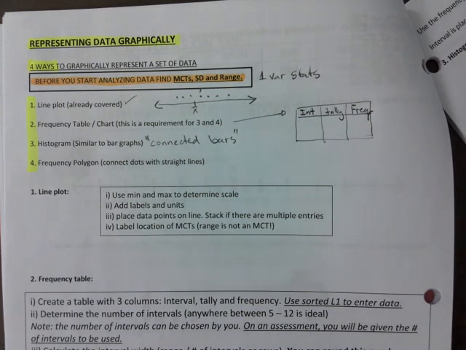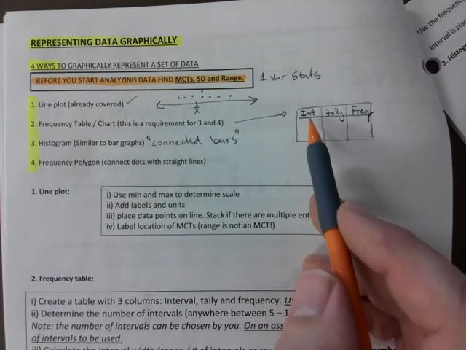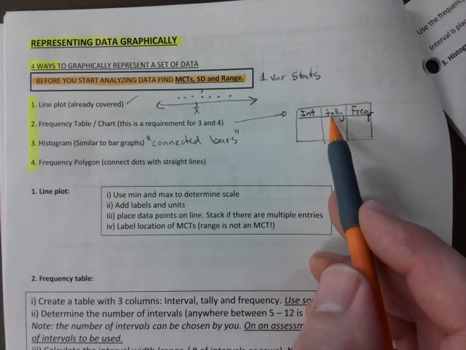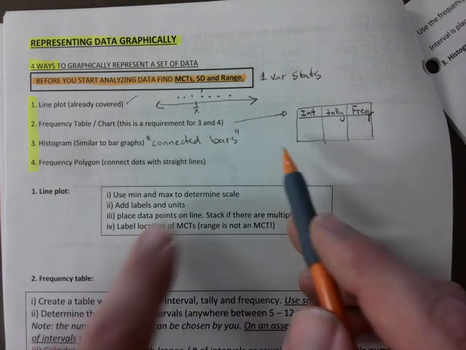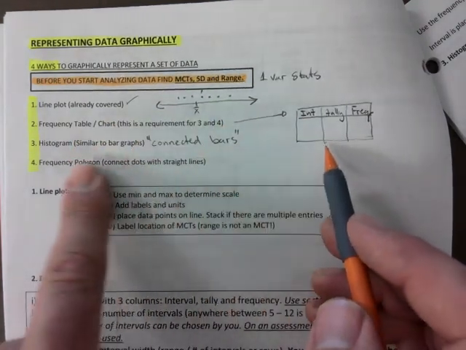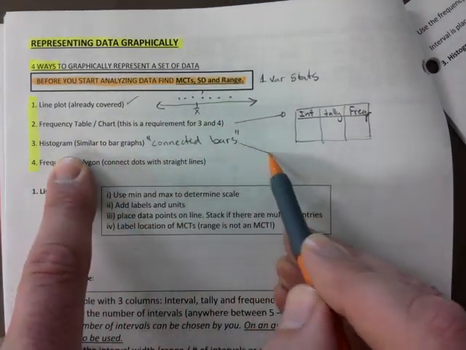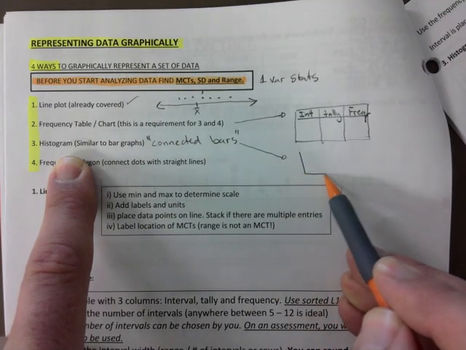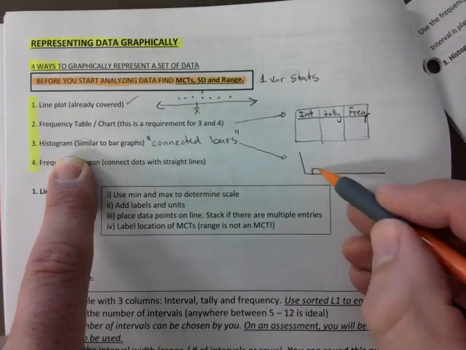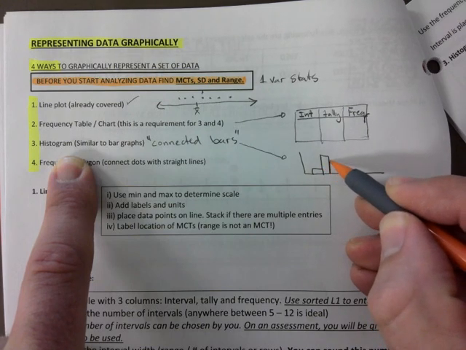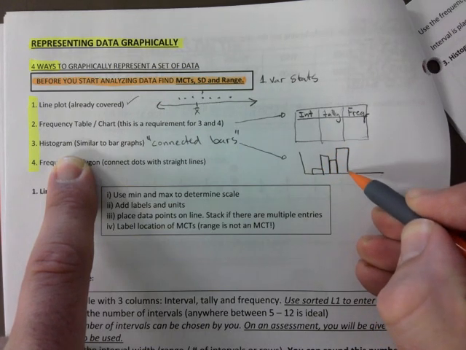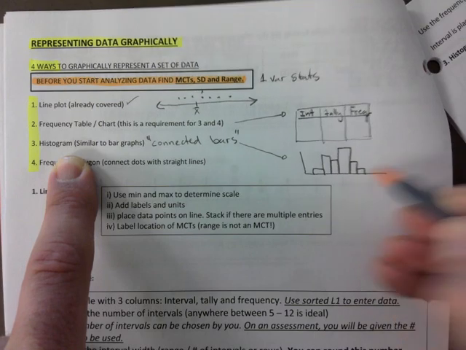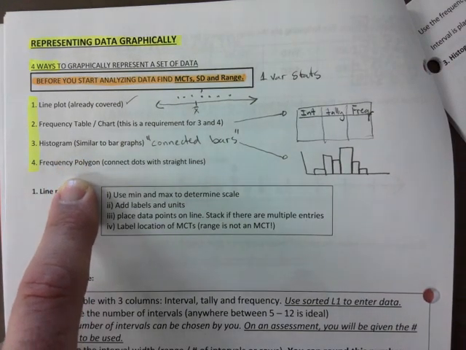Interval, tally, and if right now you can't really make out what that's saying, later on, when we have done those, you will know exactly what those headings are. But it's interval, tally, and frequency. Okay, this is just a quick reminder when you look at it. Histogram, let's look at that one. Histogram, you have an X and a Y axis, and they should all be the same width, but that's a histogram.